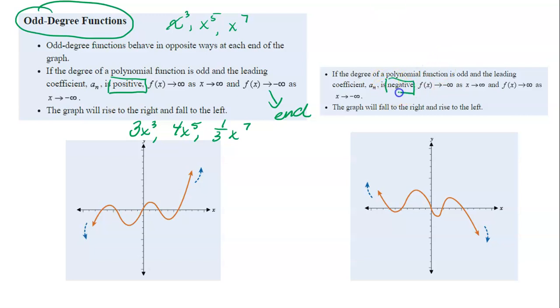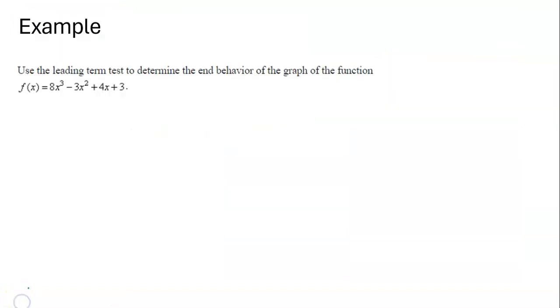If the leading term is negative, so we have negative 3x cubed, or negative 4x to the 5th, or negative 1/3 x to the 7th, this is our end behavior, and it's going to fall to the right and rise to the left. It flips. These two slides, put stars or hearts or unicorns on them so that you know that you're going to come back to these.